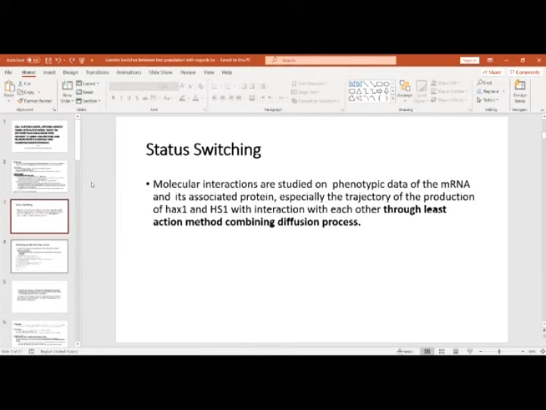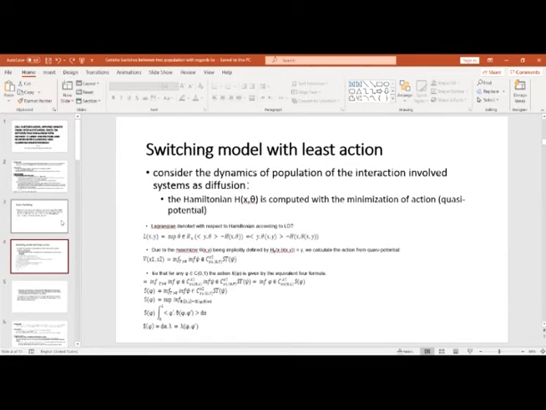As I mentioned on the previous page, we use the least action method combining the diffusion process. In our computation, the diffusion process refers to the concentration of the cell going from high to low.